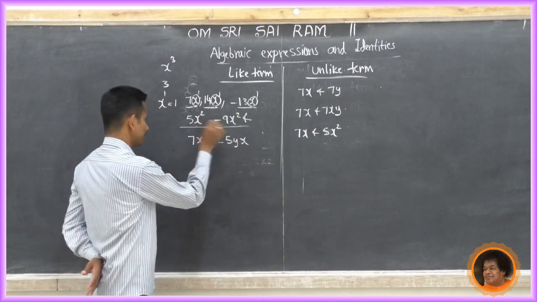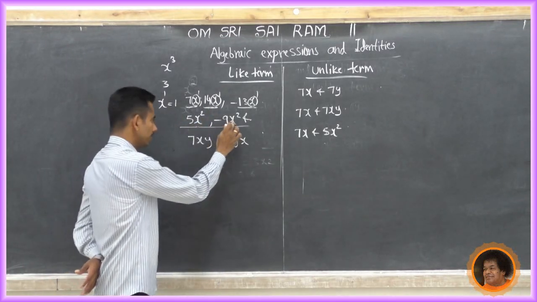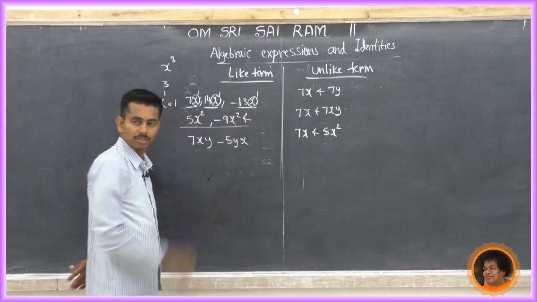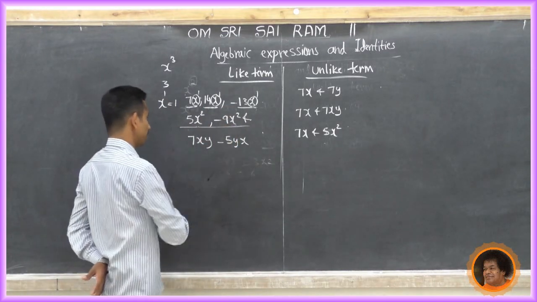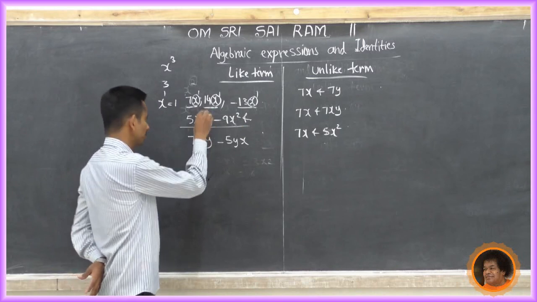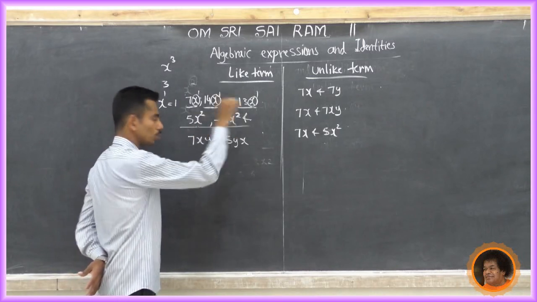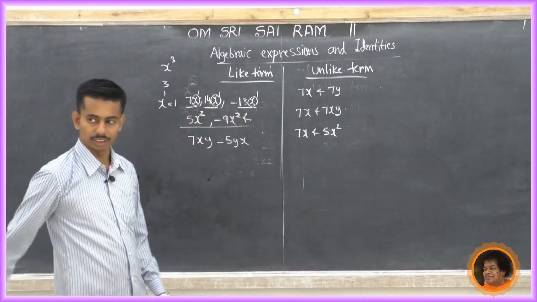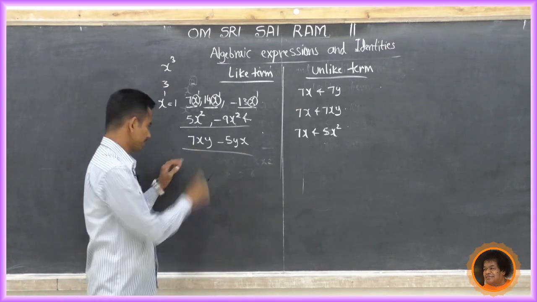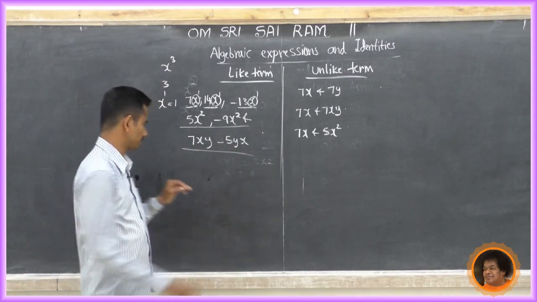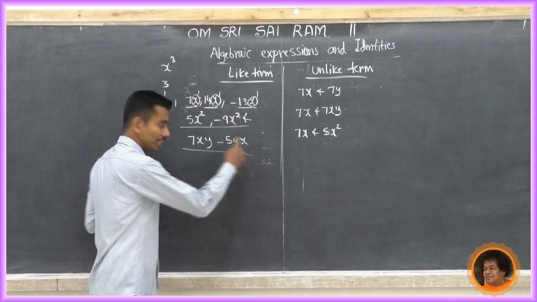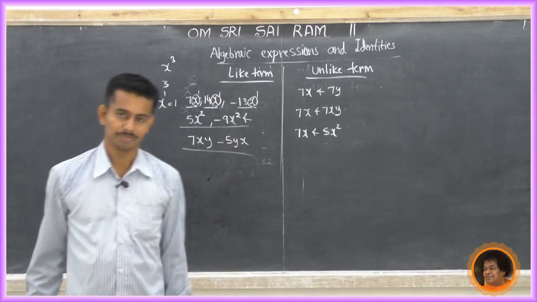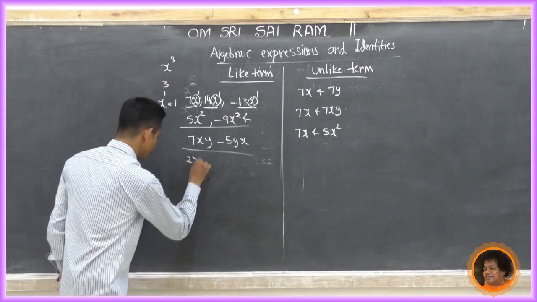Why? X is a variable in this term, and x is a variable in the other term. So the variable x is the same. What about the exponents? The exponent is 2, the power is 2. So it is also a like term. Look at the third example: 7xy and minus 5yx. Are xy and yx the same or different? If we multiply 2 into 3, what do we get?